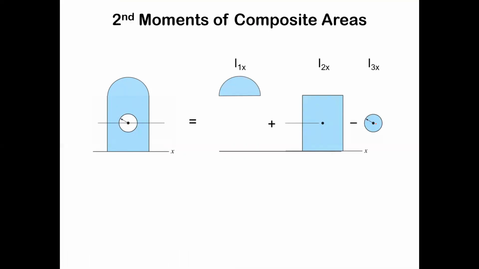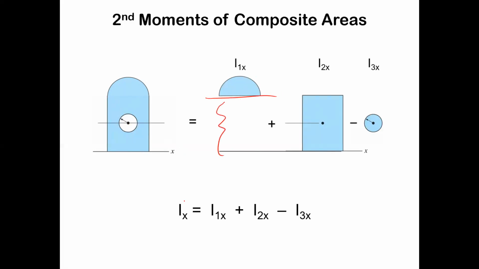The total Ix is going to be I1x plus I2x minus I3x. However, it wouldn't be appropriate to use the moment of inertia of a semicircle about its base for this composite body when the base is some distance away from the axis you're trying to do it about.